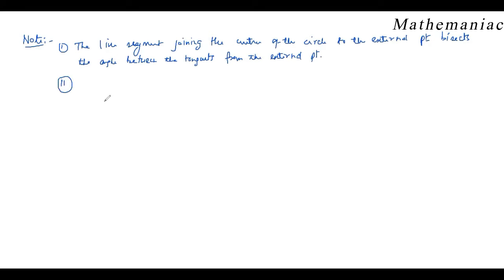Second one, what? It was bisecting the angle between the radii to the point of contact. So we'll write the same thing.